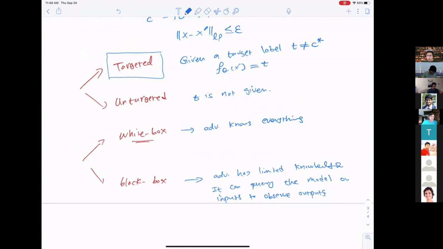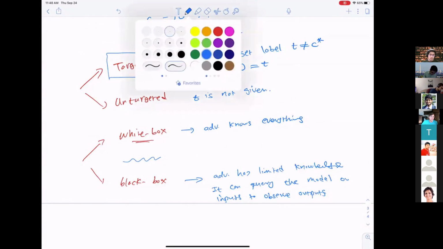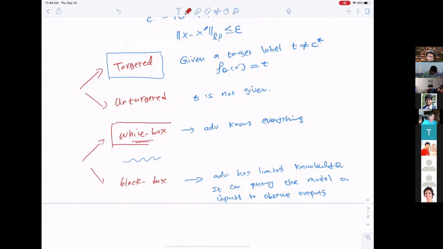And between these two extremes, there are some other types of attacks where the adversary perhaps has some partial knowledge about the model. Maybe it knows the model architecture, but doesn't know the parameters of the model. So those are called gray box attacks. So in the lectures, we'll mainly focus on the white box attack.